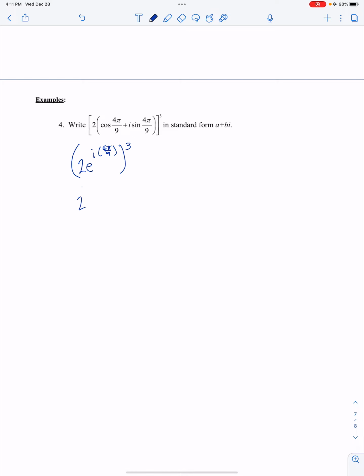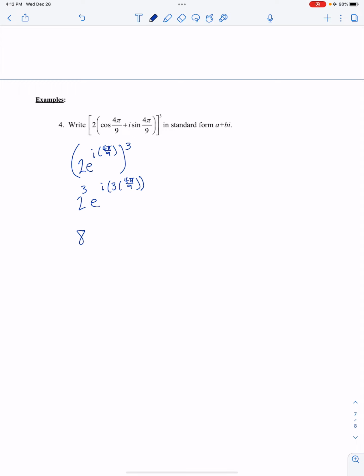So we will have 2 cubed e to the i, and we have 3 times 4 pi over 9. The 3 and the 9 will reduce.